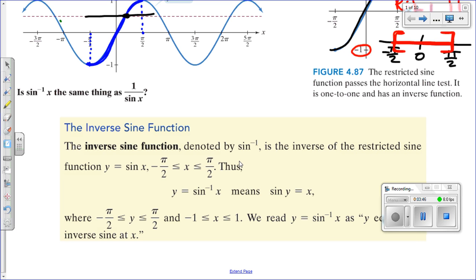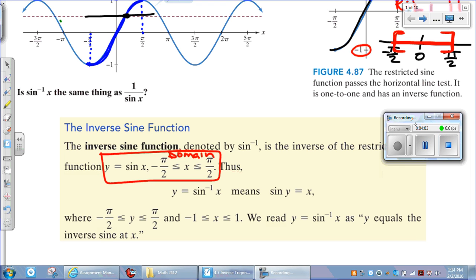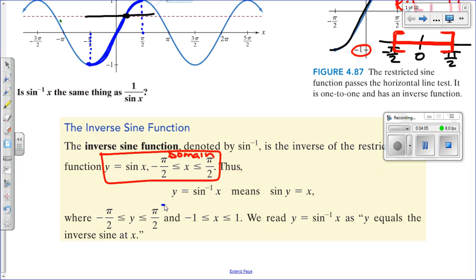We already talked about how we were going to restrict the domain of the original sine function to that. So when we talk about the inverse function, it makes sense to say that what used to be the domain for sine is going to be the range for the inverse function, which we read as sine inverse.